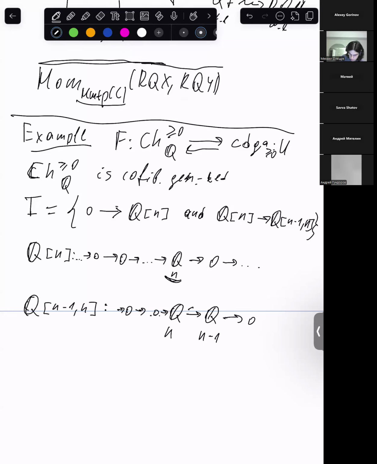And here is an isomorphism. Since we deal with co-chain complexes, probably n minus 1 should come before n. So this complex has no homology.